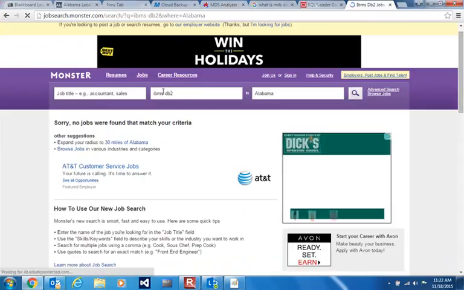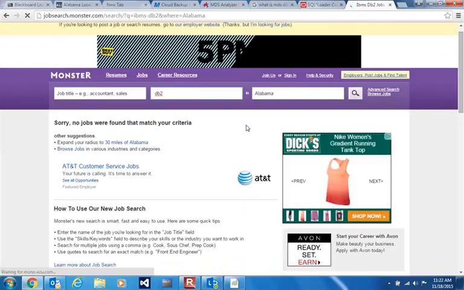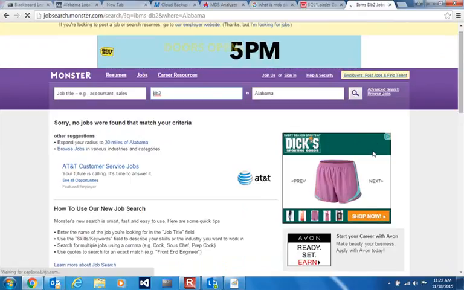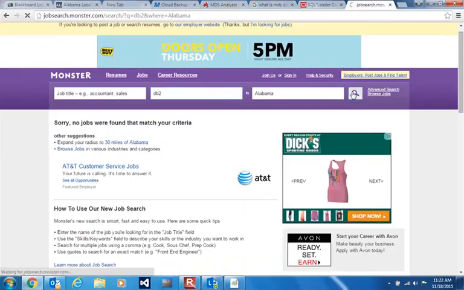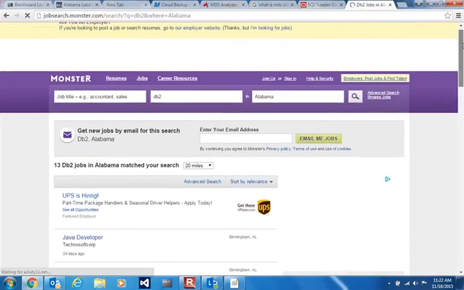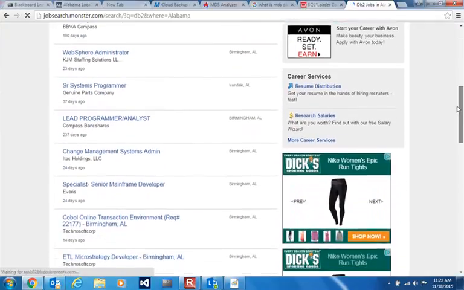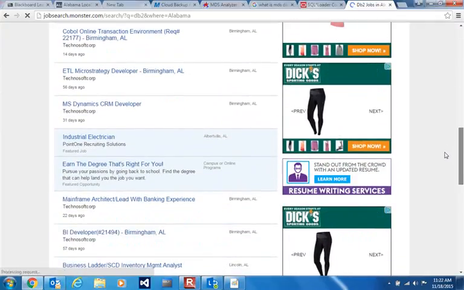Okay, let's just take that IBM off and just look at DB2. In our area, I use SQL Server and Oracle. And let's take a look, Birmingham, Irondale, they're all in the Birmingham area.